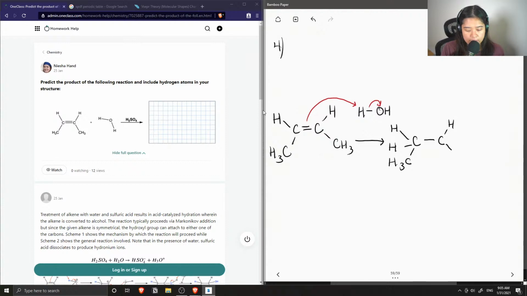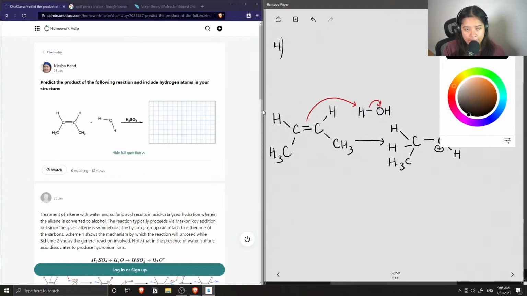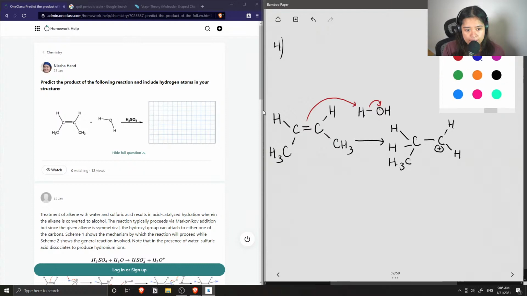And notice that one of the carbons is missing a third bond, making it have a positive charge. But another water molecule can come in. Oh, I just noticed that this should be a methyl group.